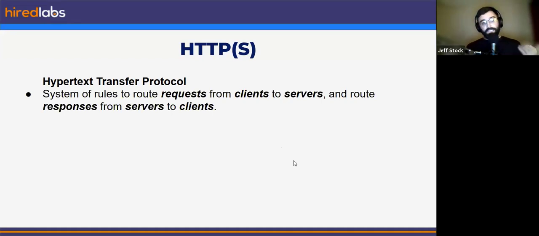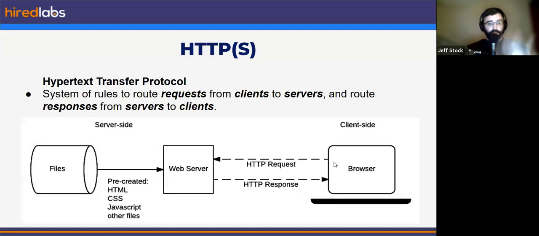Keep in mind this is a system of rules to route requests from clients to servers and then responses from servers back to clients. And this is what we are doing. This is a diagram of that. We have our server-side things over here on the left, with files that could be pulled up by our web server, but it all starts on the right side, on the client side in the browser.